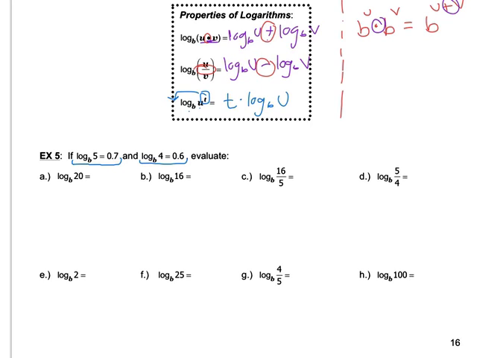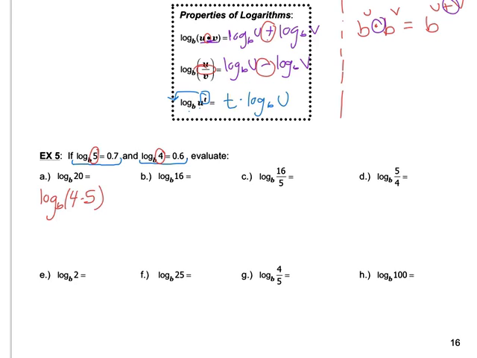So log base b of 20. I have no clue what b is, so how am I supposed to figure this out? But if I can rewrite 20 using 4 and 5, since I know the logs of 4 and 5, then I can use properties to figure this out. So really, this is log base b of 4 times 5. But we just saw above that when I've got the log of two things multiplied by each other, I can split that up into two separate logs added together.